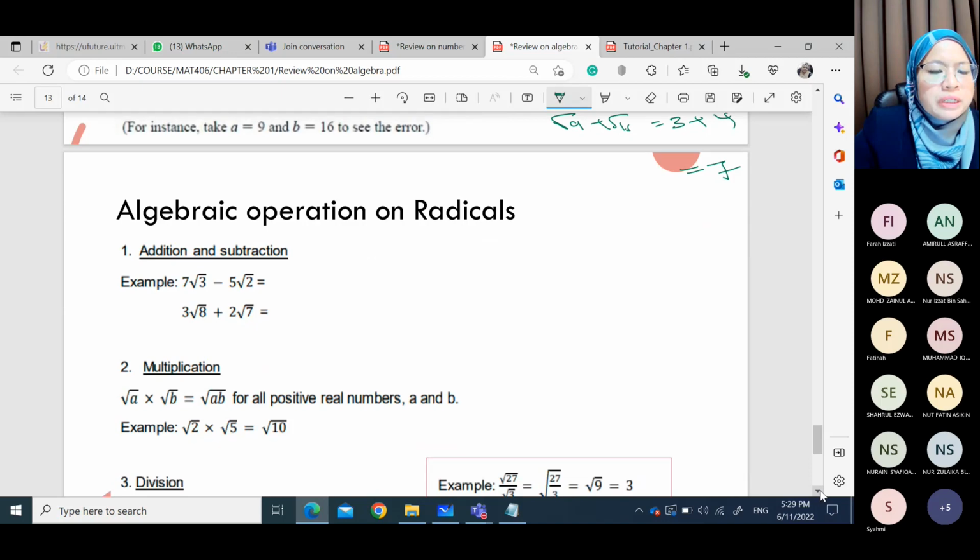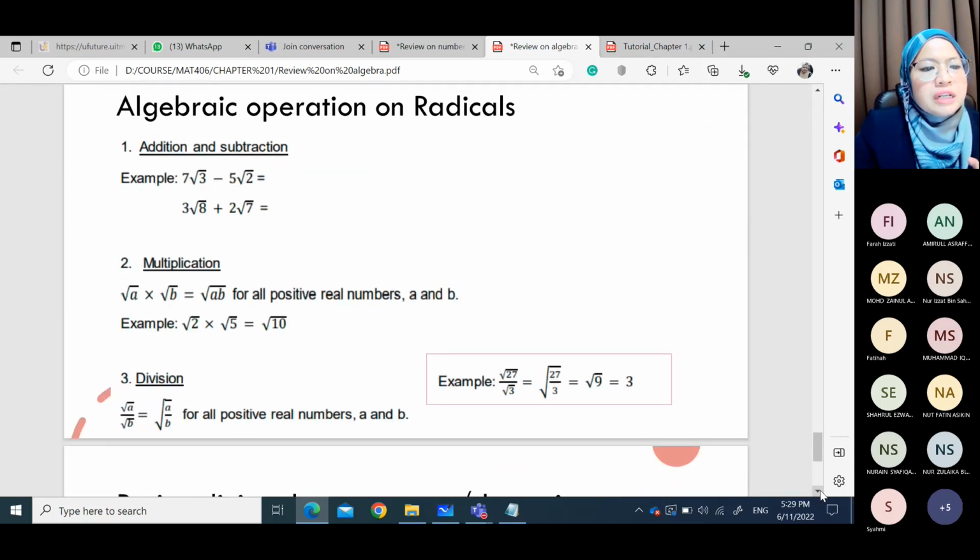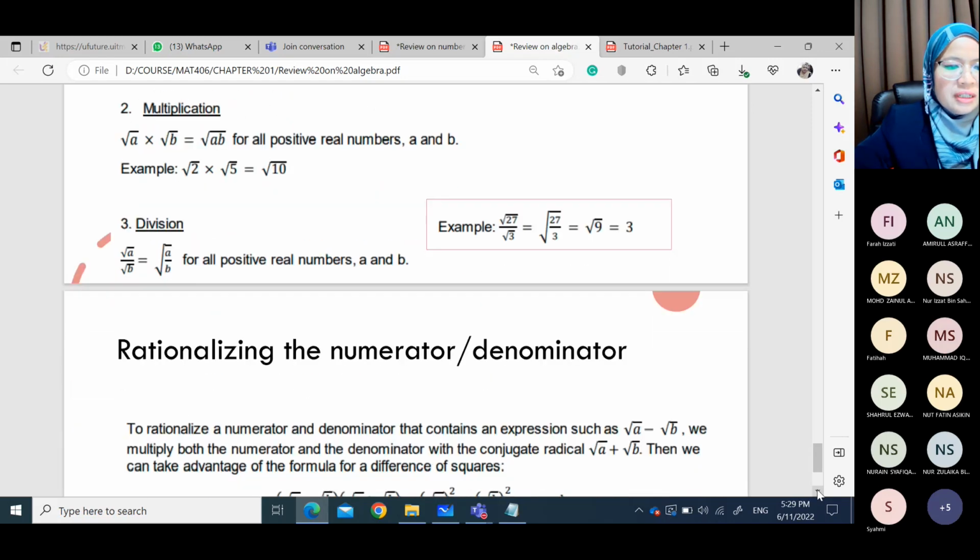Okay, so in algebraic operation of radical, so dalam radical pun kita ada algebraic operation iaitu plus minus, division and multiplication. Okay, so plus minus yang ni, minus, plus. Okay. This one division. Okay.